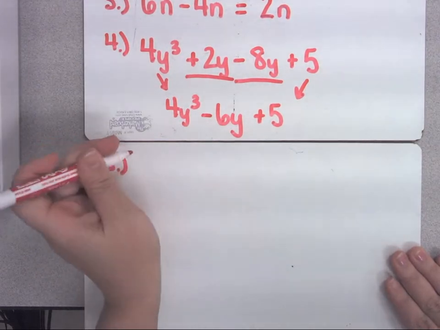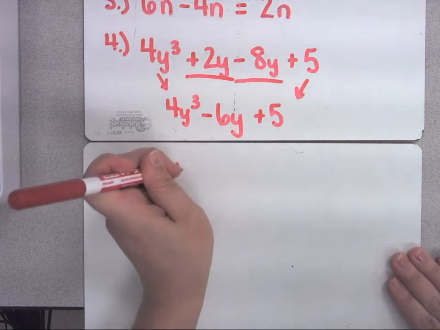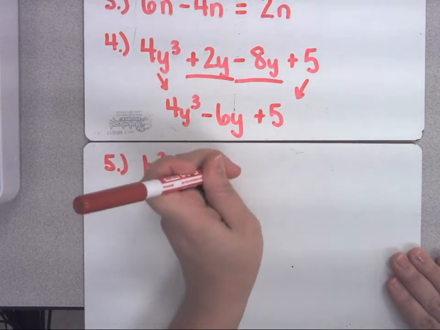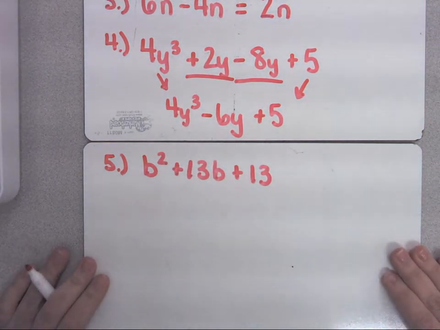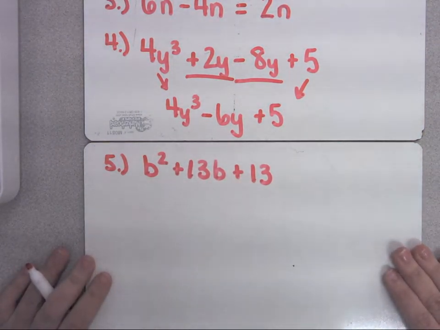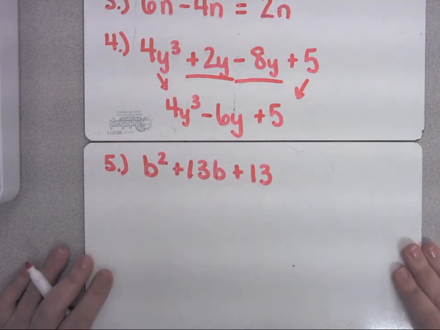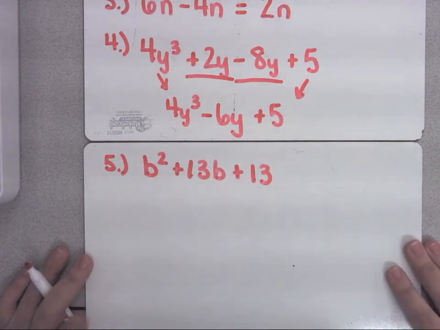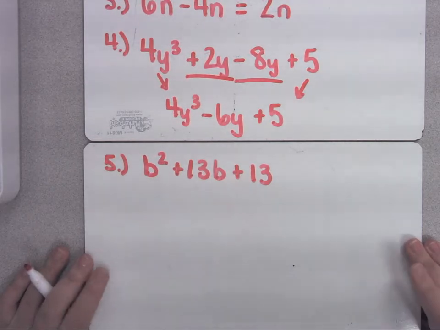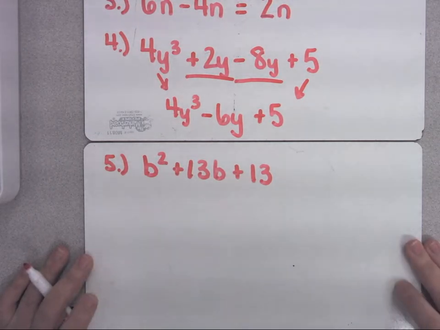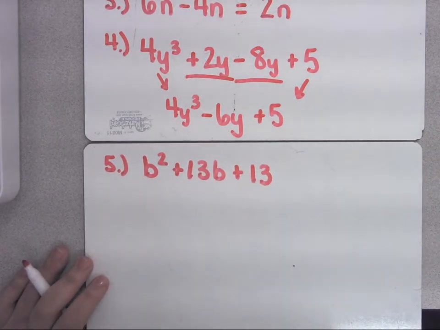What about this problem? This one's a different problem. b squared plus 13b plus 13. That's crooked. But is there anything different about this? Can we simplify this guy? Yes, no, maybe so.